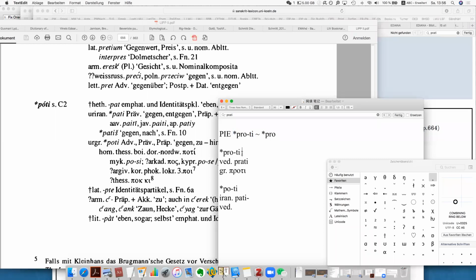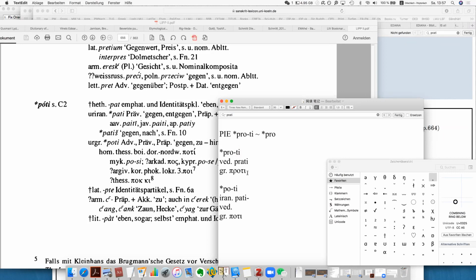So in Proto-Indo-European, we have two forms of this preverb. One is called proti, the other is called poti. And very interesting, proti and poti both exist in Greek. Like here, you have in Homer, in Thessaly, or Boeotian Doric, this form called poti.